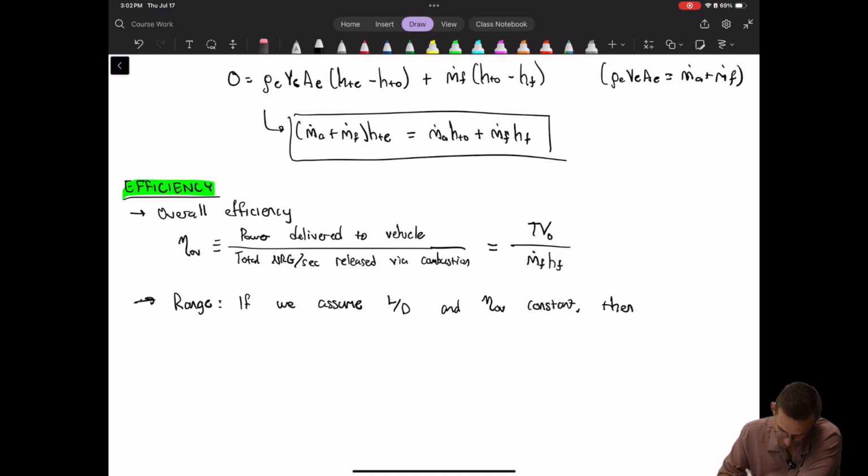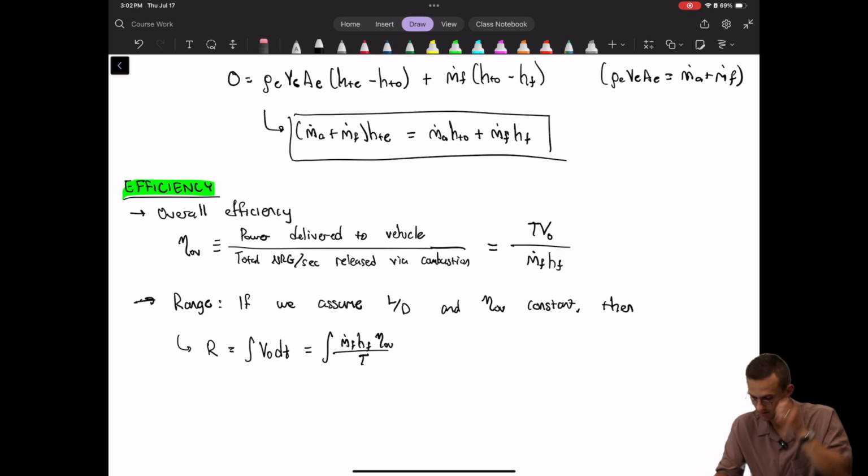Then the range, which is equal to the integral of the free stream velocity, or the speed of the vehicle, basically, over the flight time, which you can write as the integral of m dot f hf eta overall divided by thrust, using the thrust definition, dt.